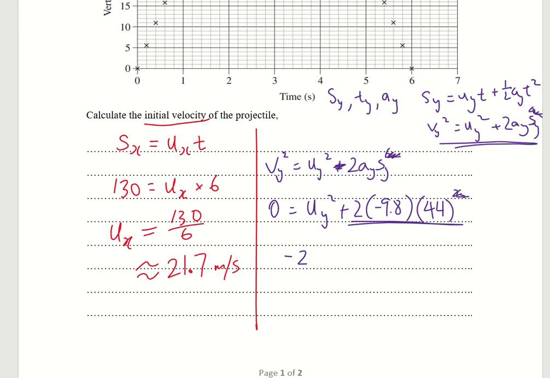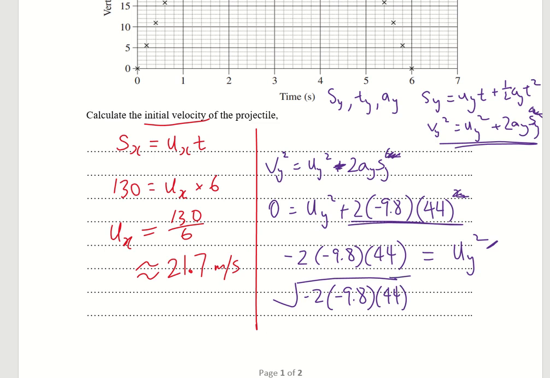So it's minus 2 times minus 9.8 times 44 equals uy squared. If I want to get rid of this square, I square root both sides. That leaves me a value, in 3 significant figures again, of 29.4 meters per second.